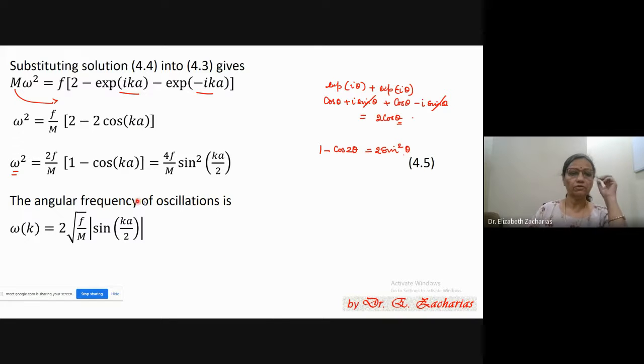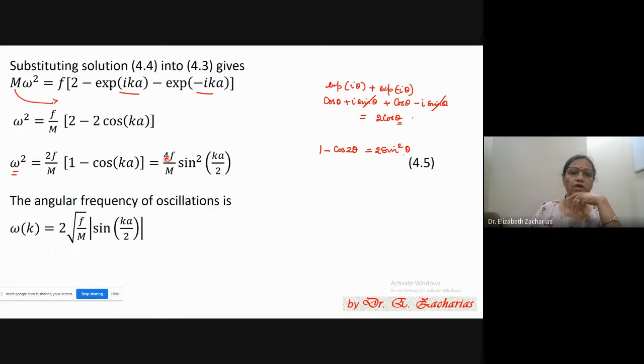So the angular frequency of oscillation is under root of this right hand side. It gets 2 under root of f by m and then under root of sine square ka by 2, and we are putting a modulus here. Why is this modulus coming?